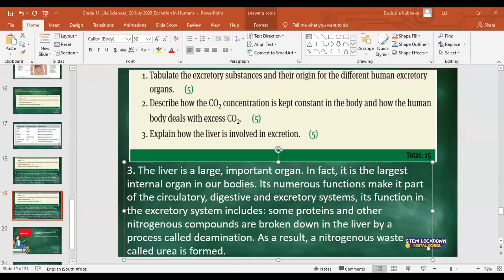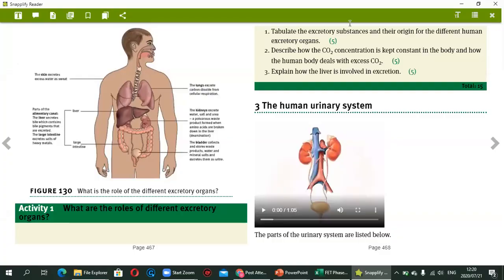Yes, I'm going to open that one, grade 11. Okay, let me share the screen. I don't think I'm sharing. Can you see the screen that I'm currently sharing right now?